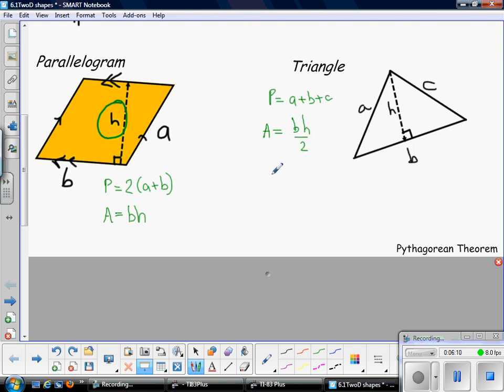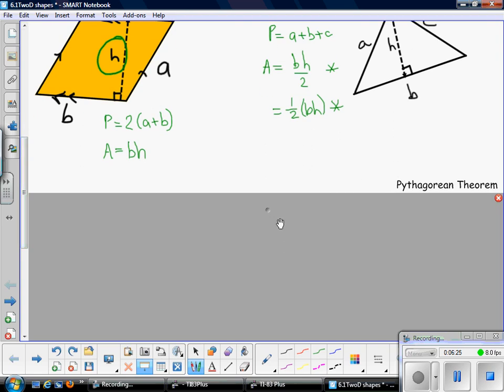Okay, now sometimes you'll see the formula written like this, 1/2 B times H. They mean the same thing, and you can use either form when you're working. Now I also have here the Pythagorean theorem.